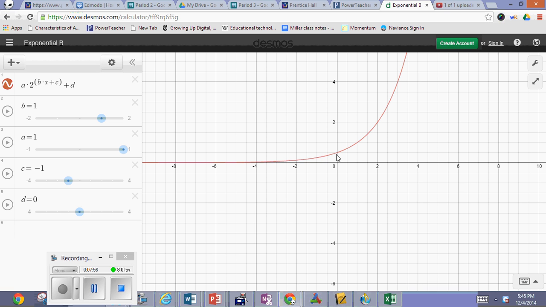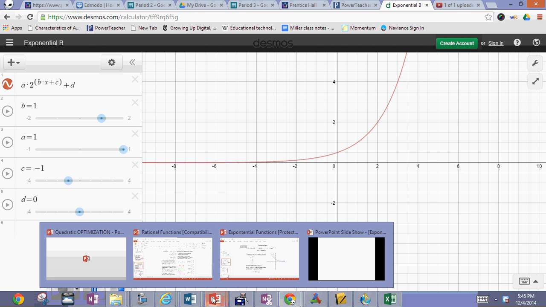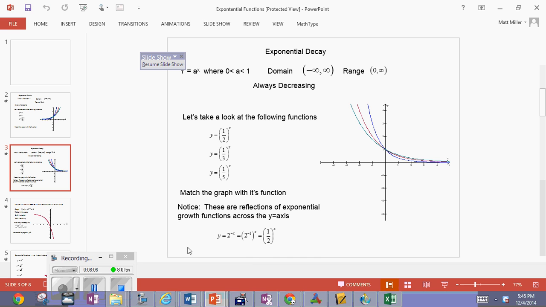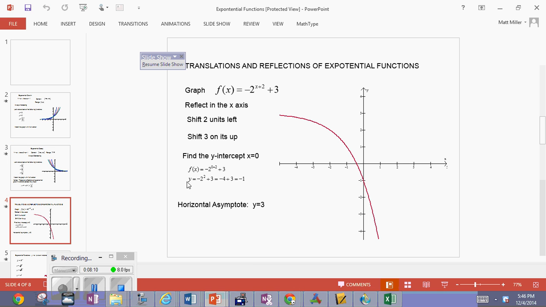So that's my intercept there now. So we're going to go now and look at that as the PowerPoint presentation, and then you'll have a chance to work with these more in class.